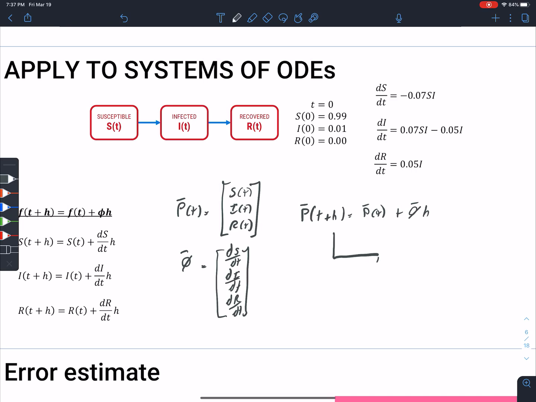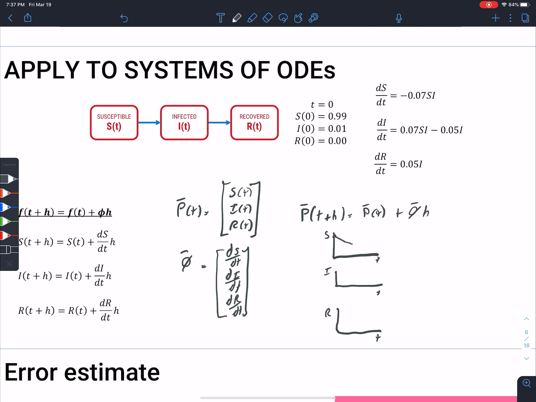So we're looking for the solution for 3 things, right? This is S, a function of t, this is going to be the infected, and this is going to be the recovered, or the immune. So in S, everybody will be susceptible at first, and hopefully the susceptible folks will go down, right?